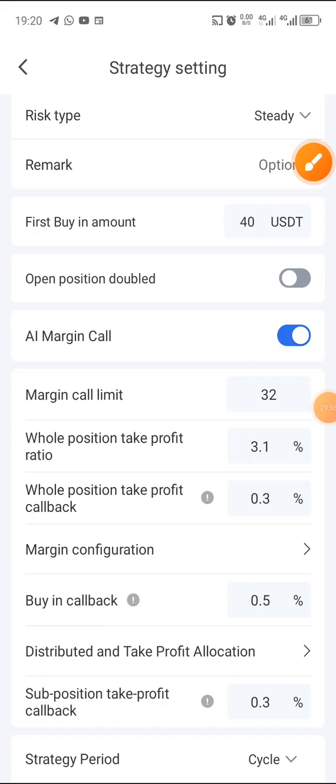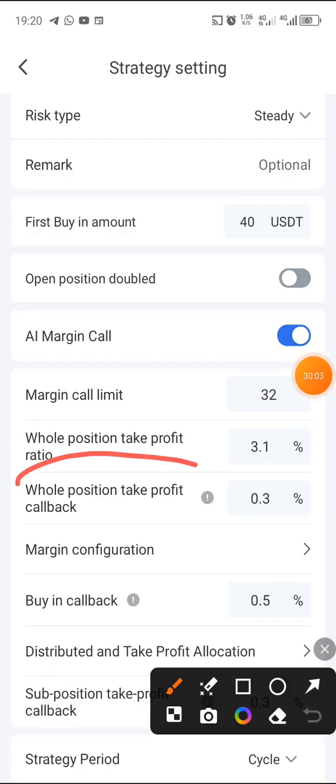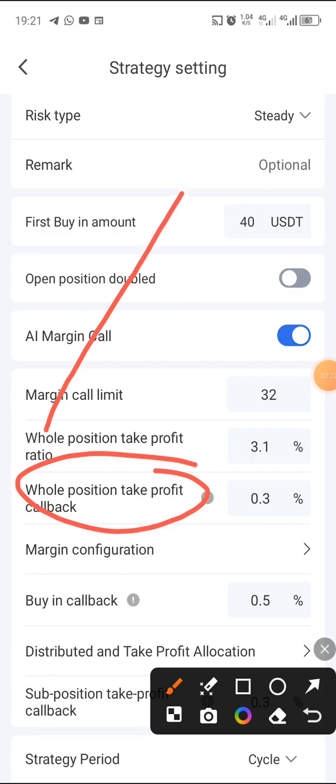Okay, so we move on to this part, the whole position take profit callback. What does it mean? You know, this is how the market behaves. Even if it is on an upward trend, it doesn't move like this.